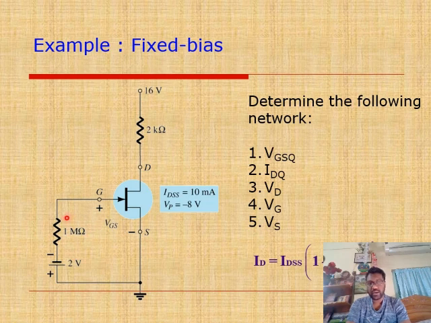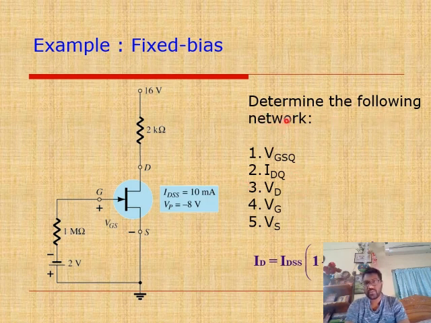We can see that the RG or the gate resistance is very high, so that no current will flow through the gate terminal. So only the voltage difference will be there between gate and source, and current will be near about 0. Though practically a very small amount of leakage current flows everywhere when we are using this kind of high resistance.